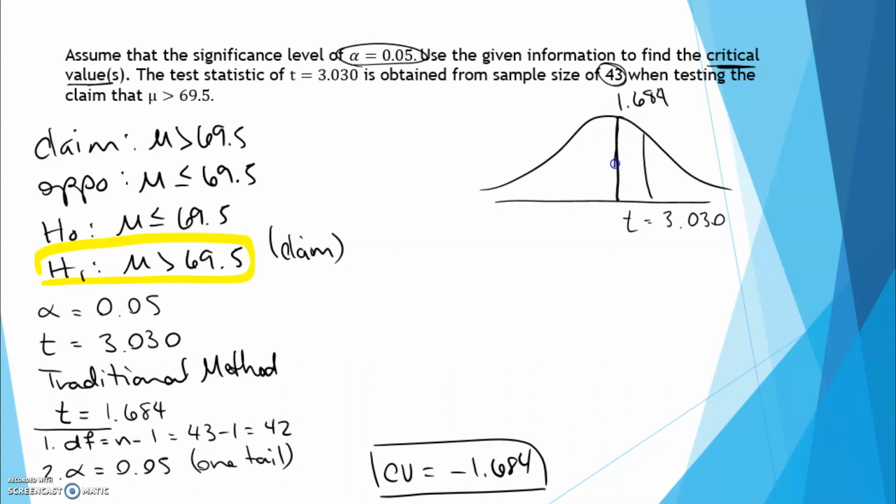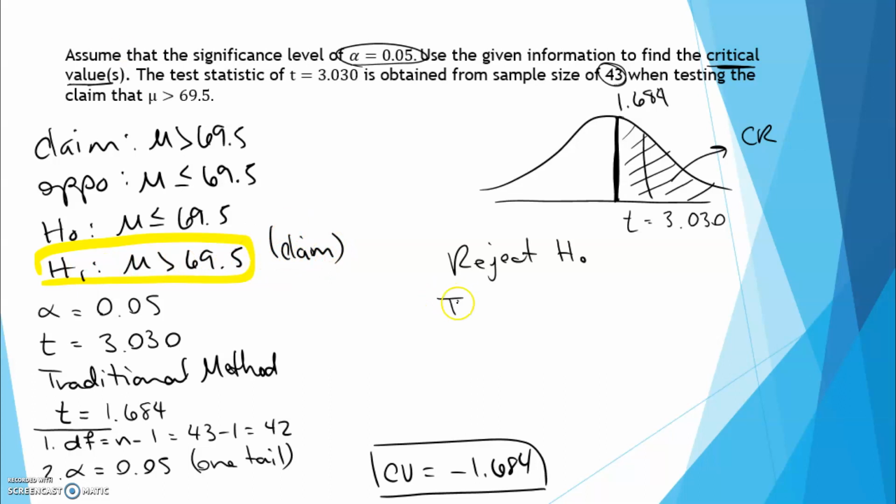If this is my critical value, then all this over here is my critical region. Because my test statistic of 3.030 falls within the critical region, we are going to reject H sub 0. Rejecting H sub 0 means we are not rejecting H sub 1, which was the claim.